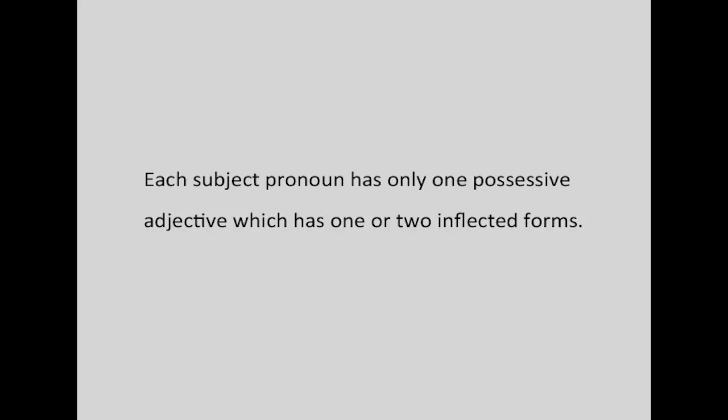In English, there are only 7 possessive adjectives which correspond to the 7 subject pronouns. But in French, there are many more possessive adjectives because each subject pronoun has 2 or 3 corresponding possessive adjectives. Technically speaking, each subject pronoun has only one possessive adjective which has 1 or 2 inflected forms.